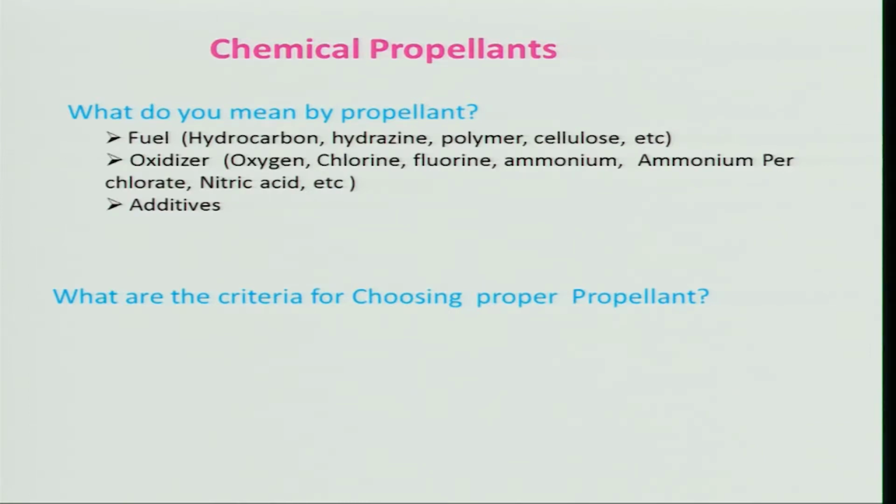We will be discussing solid and liquid propellant, but keep in mind that each propellant will have certain specific characteristic properties, which we will not be discussing now, but as you go along I will be telling sometimes. What we will be looking at is the common properties.